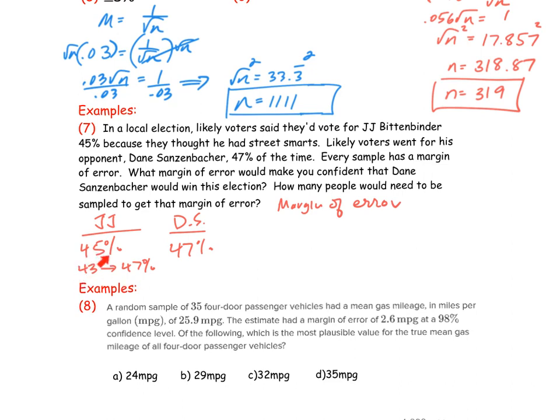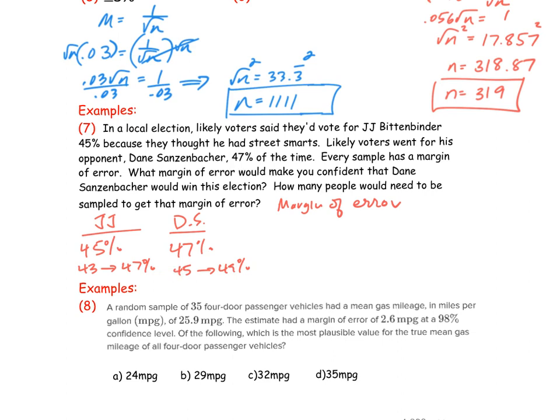Based on the sample, I know that it could be anywhere between here, and with that same sample, Dane Sanzenbacher's share would be anywhere from 45 to 49%. So that overlap, you notice, there really is a chance with a 2% margin of error that JJ has 47% of the people and Dane has 45.